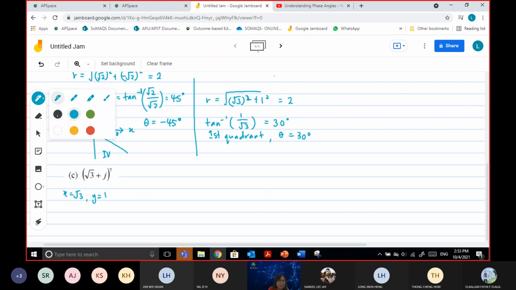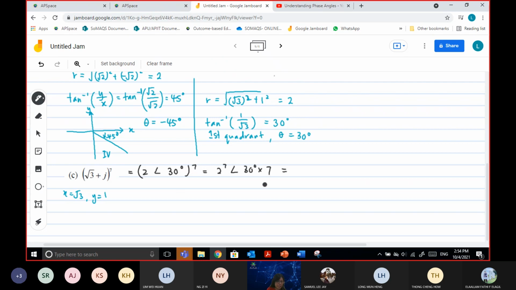Next we rewrite our answer as 2 angle 30 degrees. With a power of 7, that is 2 power of 7, and 30 degrees times 7. Let's calculate: 128, then angle 210 degrees.